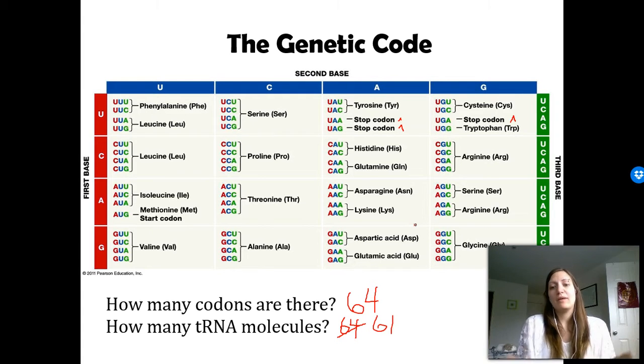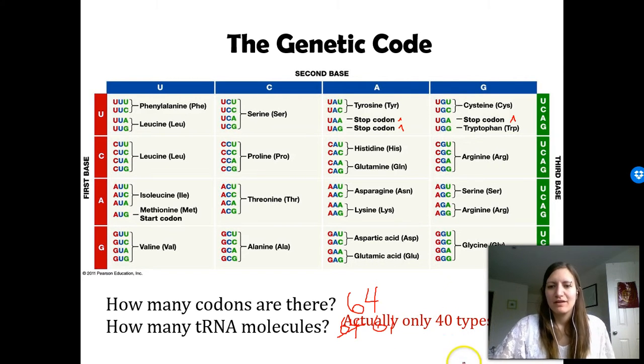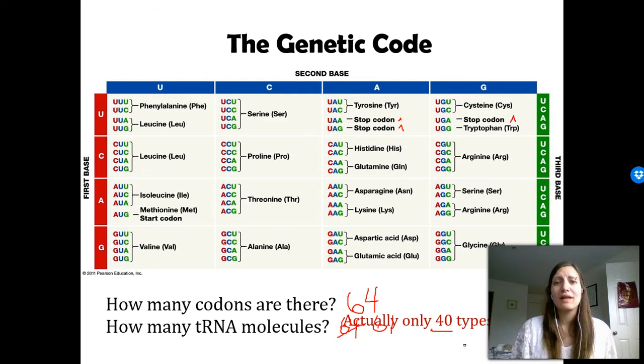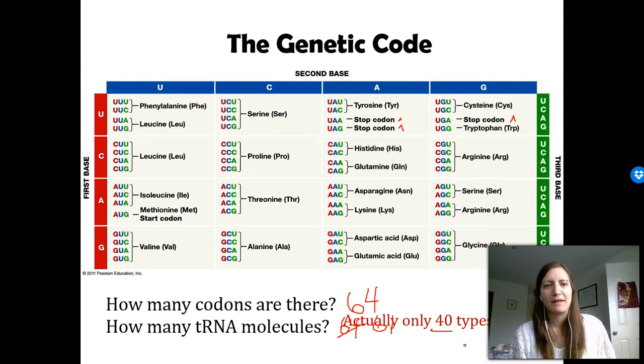Given this information, you would expect 61 different tRNAs. But in actuality, we have 40 different types. How can that be? All 61 of these have an equal likelihood of showing up in mRNA.